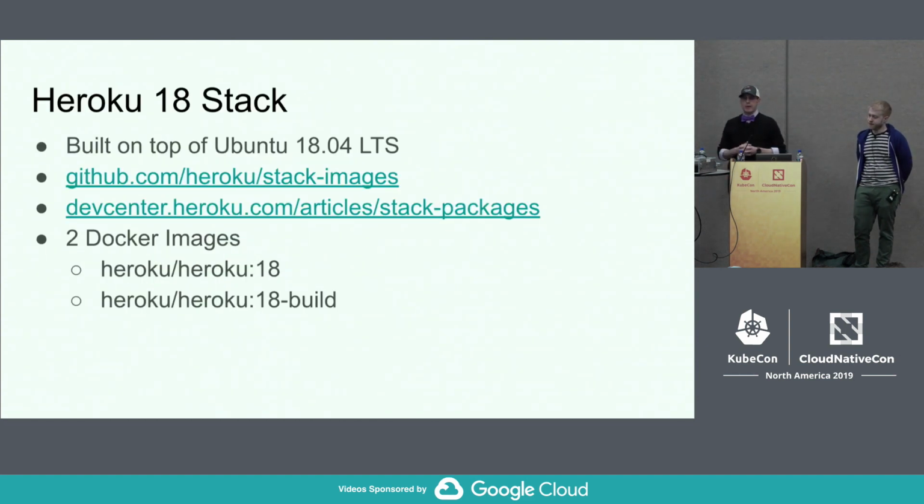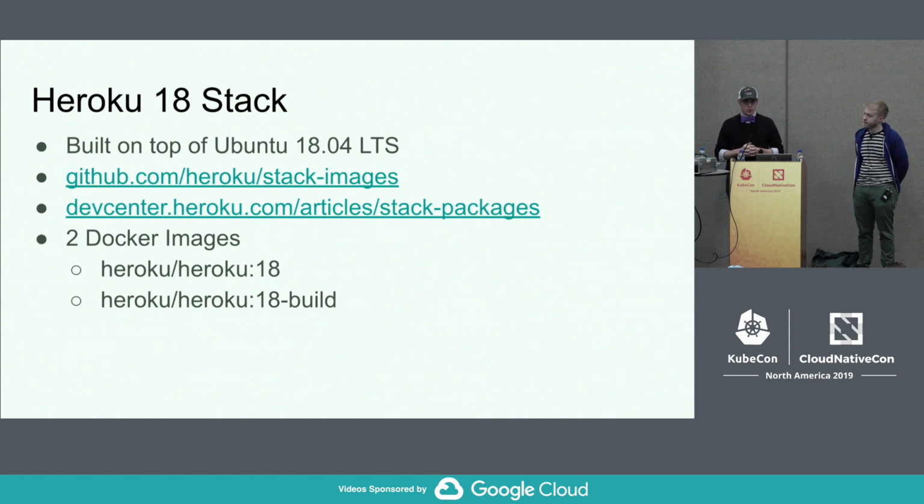The Heroku Buildpacks are based on the Heroku 18 stack. This is a base image that's maintained by Heroku as part of the Heroku platform. So if you've ever used Heroku, you've used this stack. It's based on Ubuntu Bionic with some system packages pre-installed that we provide updates for. You can download this from Docker Hub.